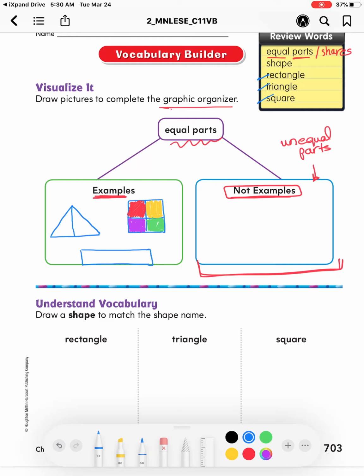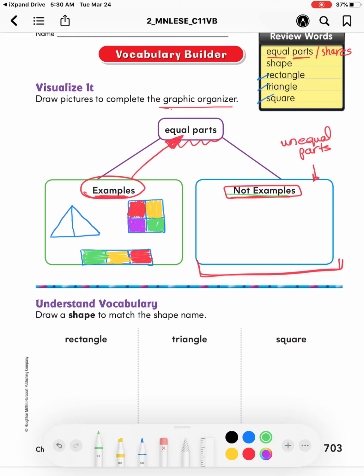Okay, this is a rectangle. And here the rectangle, we divided it into three equal parts. Okay, so here those are examples for the equal parts.